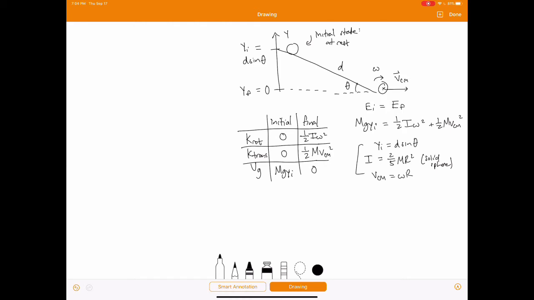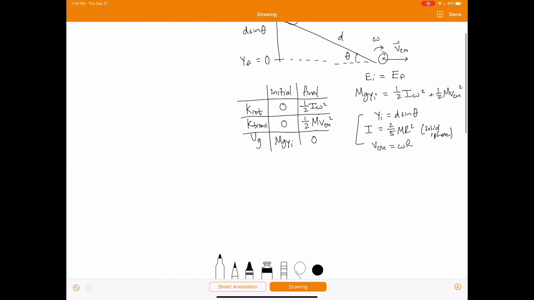We're going to make these three substitutions into the equation above to give us mg d sine theta, that's the substitution for y initial, equals 1/2 times 2/5 mr squared, that's the moment of inertia I. And then for omega, we can replace that with VCM over r, and we have to square that. And then we have plus 1/2 mvcm squared. We'll just leave that alone. So mass drops out.